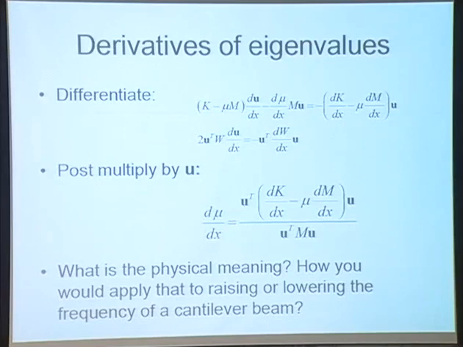We concluded that just by looking at this formula, we can expect that, for example, for a cantilever beam, if we want to increase the frequency, we'll change the stiffness where the elastic energy is maximum, and we'll change the mass where the kinetic energy is maximum. So for a cantilever beam, that would mean increasing the stiffness near the root and adding mass or subtracting mass near the tip.